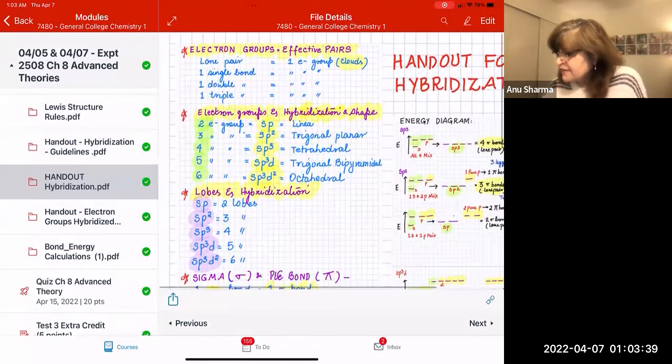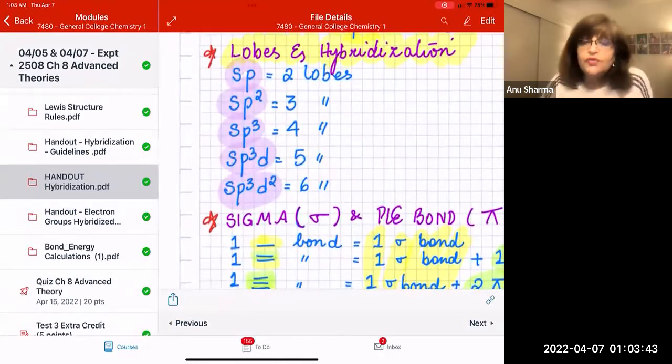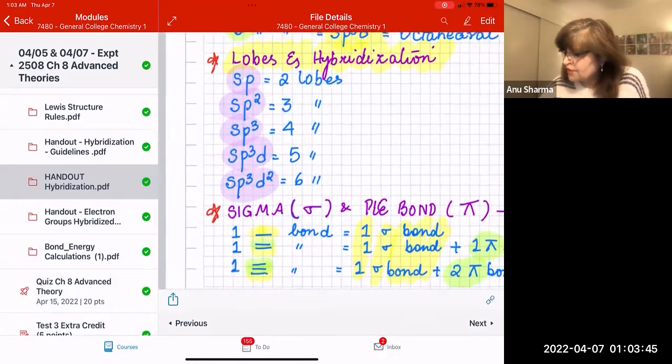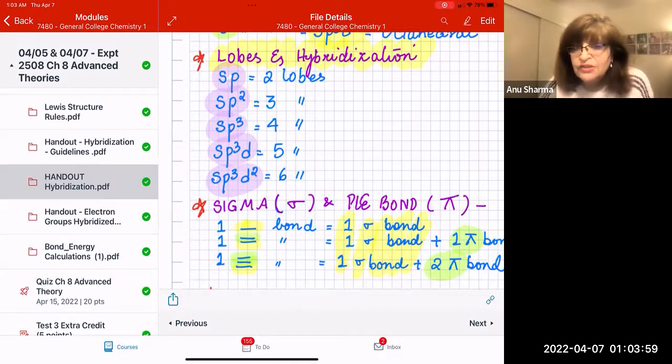Also, keep in mind that when you make the hybridized orbitals, just make sure that you have the lobes done correctly. So for sp hybridization, only 2 lobes. sp2 hybridization, 3 lobes. sp3 hybridization, 4 lobes. sp3d hybridization, 5 lobes.